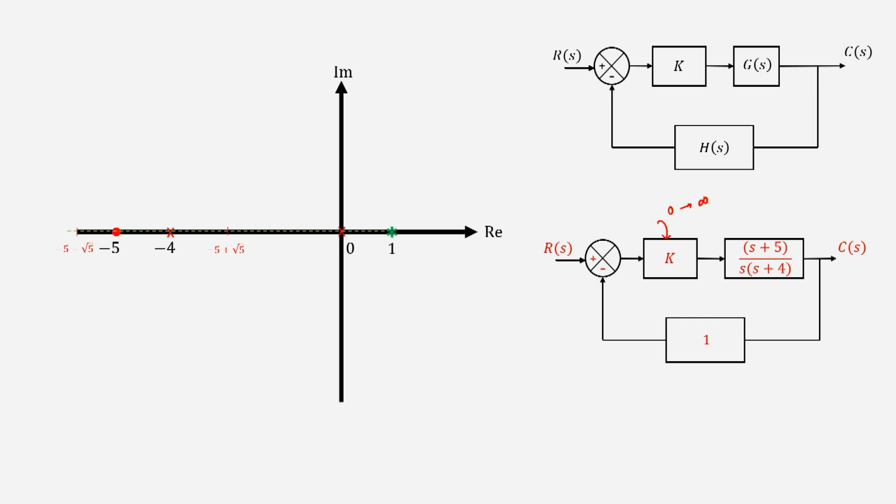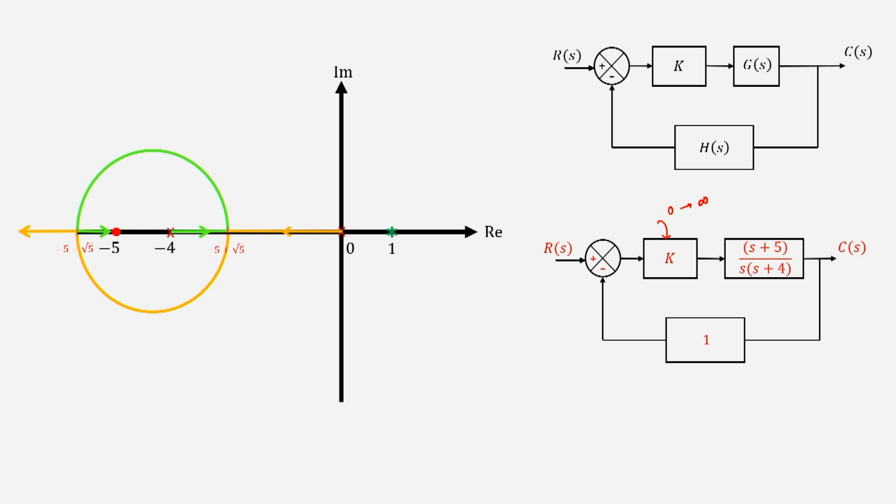For that we came up with the rules that I had shown you, and we had found that the starting points will be the open loop poles, the end points will be the open loop zeros. These were our breakaway and break in points, and then finally when you drew, this was one of the branches of the root locus and the other branch looked something like this.